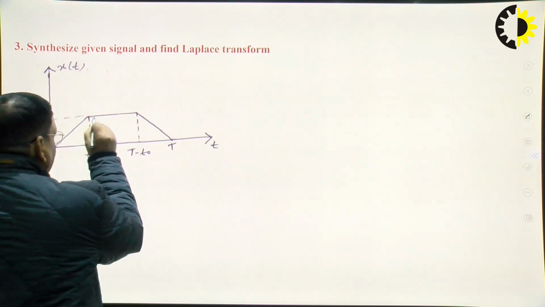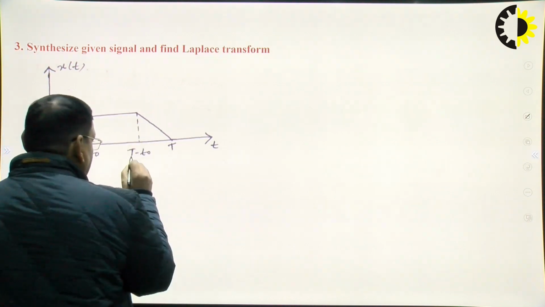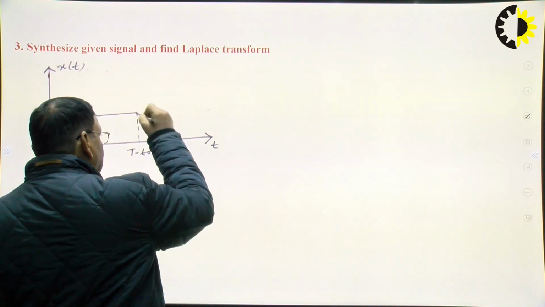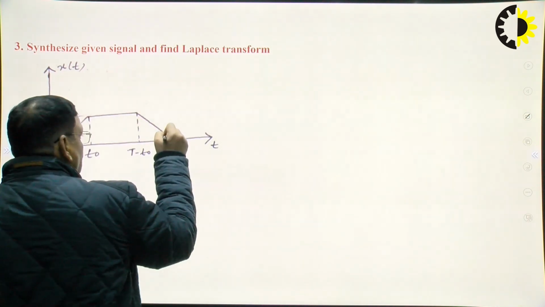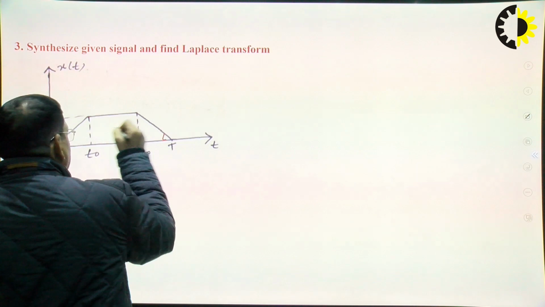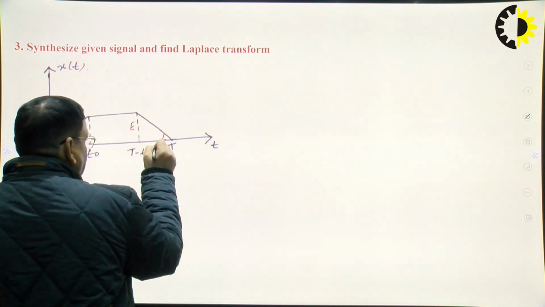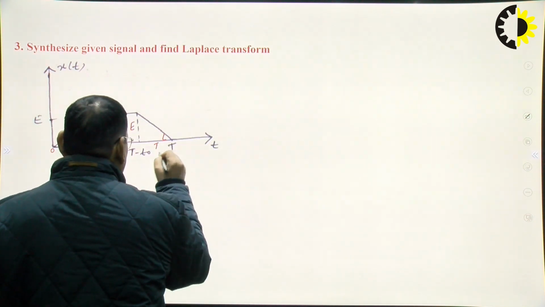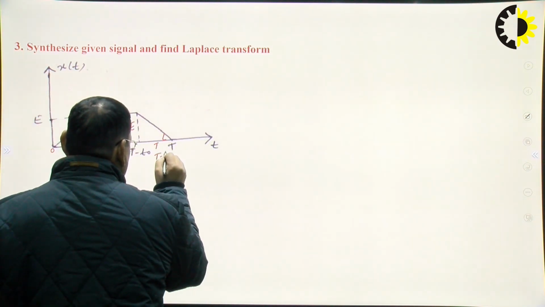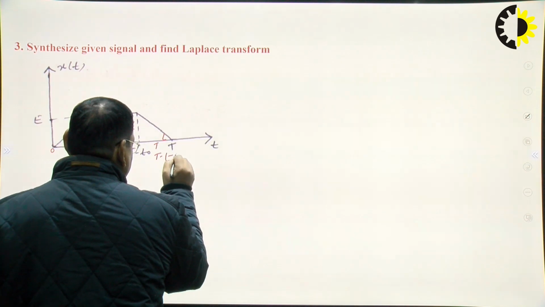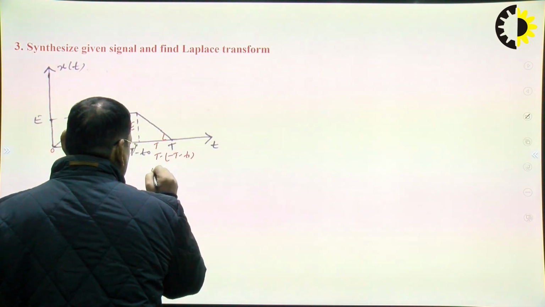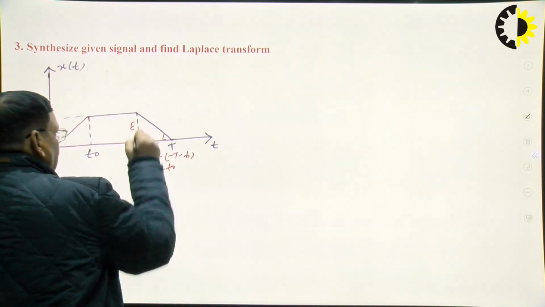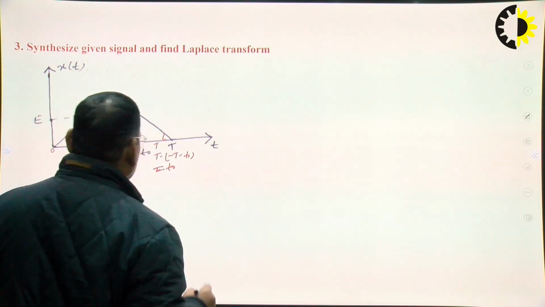Now look here, at t minus t0 the slope becomes negative. What is the slope of this line? This is E and this is t0, so the slope is E by t0.